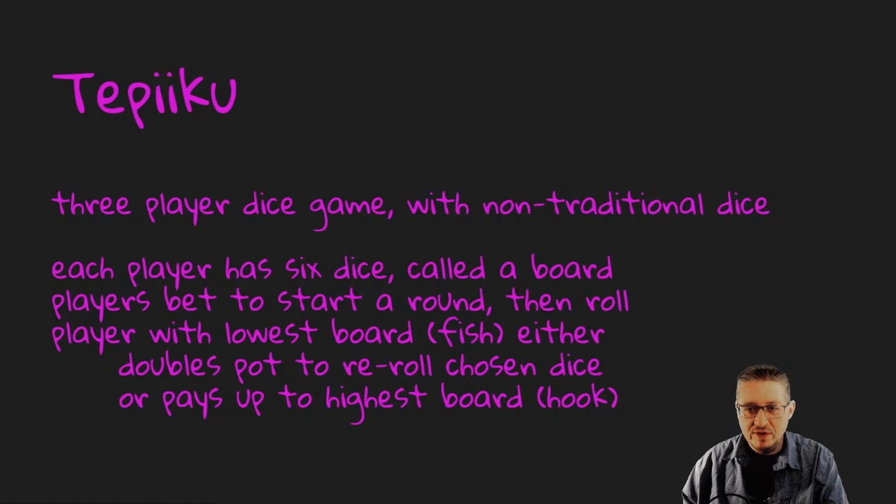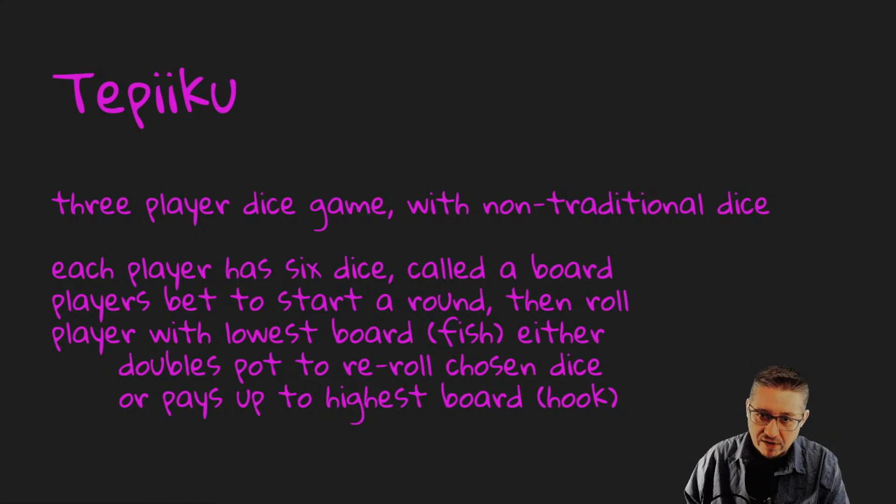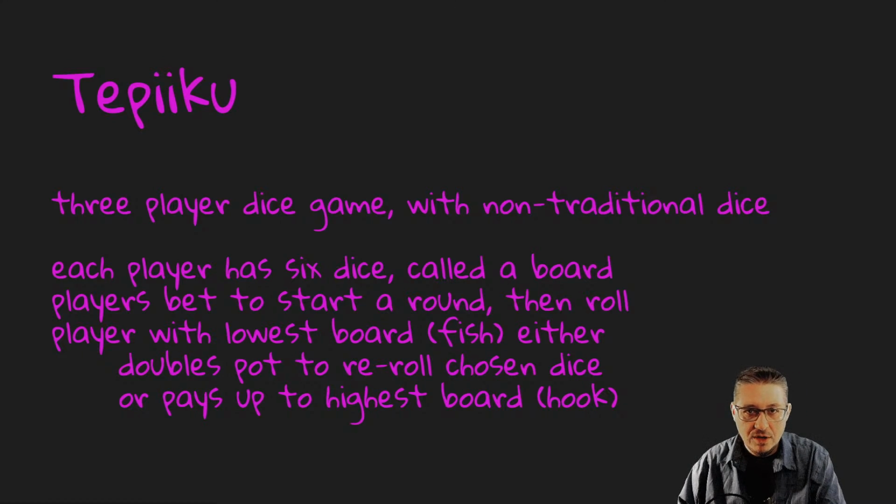The price of re-rolling your dice is that 9 doubles to 18. And what happens after the re-roll is you figure out who the next fish is, and that person then has the same decision. Do they want to double from 18 to 36 and re-roll, or do they want to just go ahead and pay that 18 to whoever's the hook?